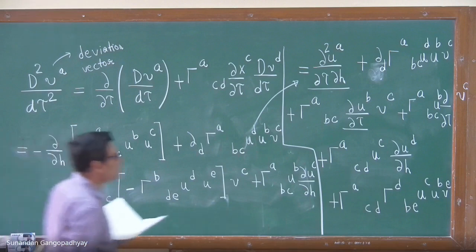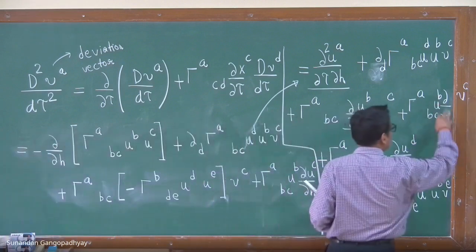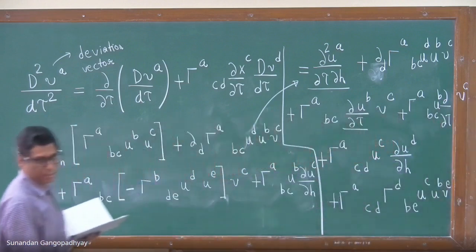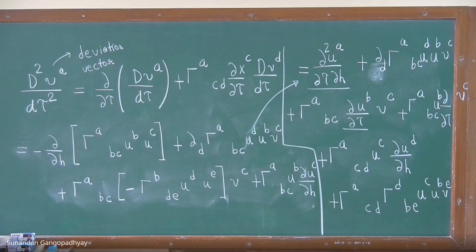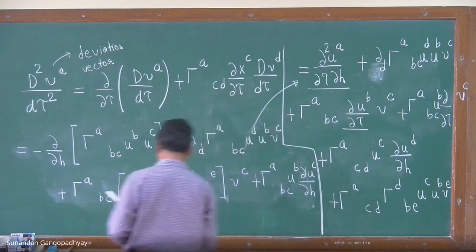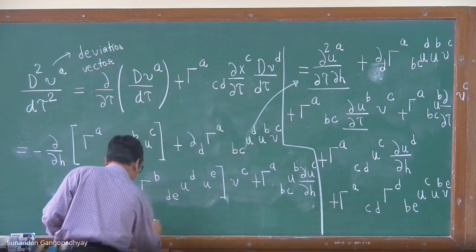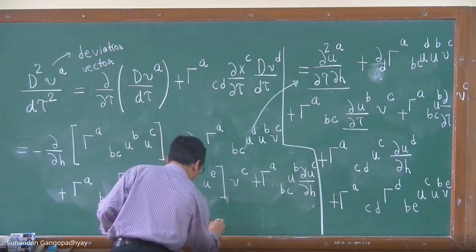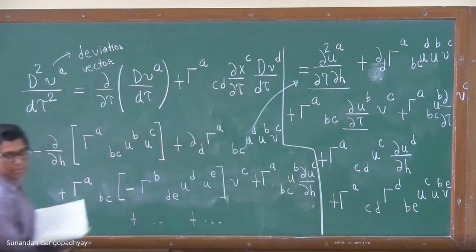So what we have done is we have converted the partial derivative of VC with respect to tau into the partial derivative of U with respect to H. So that is taken care of. And then the fifth and sixth terms are here. That's the sixth term here, as it is.